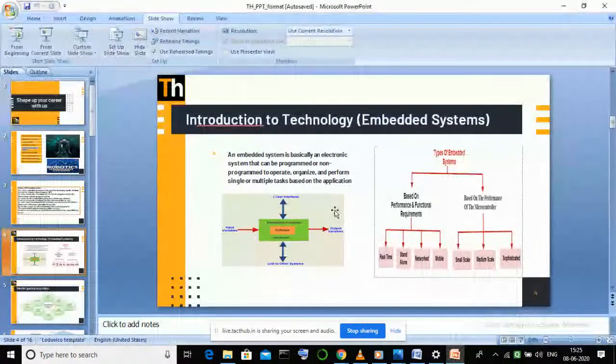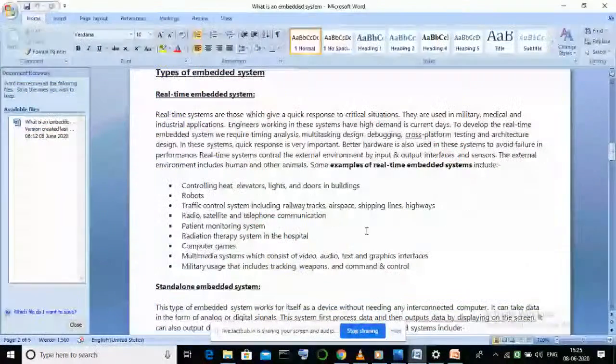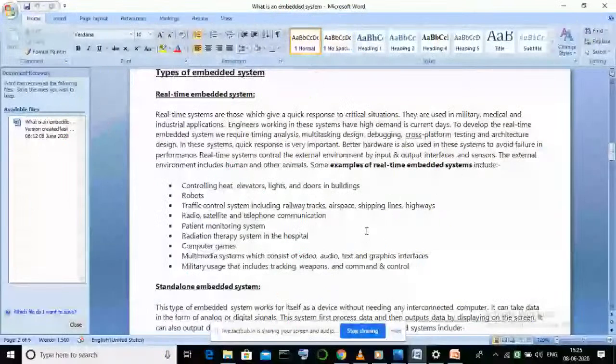Coming back to what I was talking about, the real-time system: at that moment, the inputs from the sensors are processed and the control is applied as required. If you recall that video, you will find it is not a complicated system.